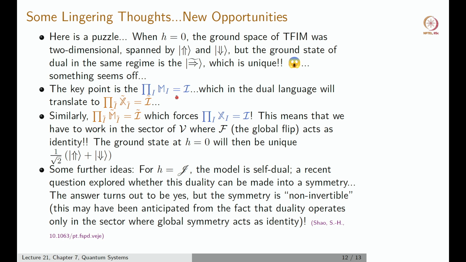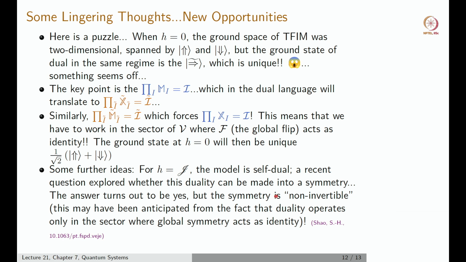At the h equal to j point, the transverse field Ising model is self-dual. So the question that was asked is, can we make this self-duality into a symmetry? That means, can I find operators which transform m to x and x to m? This question was asked and the answer was found to be yes, but those transformations were non-invertible.